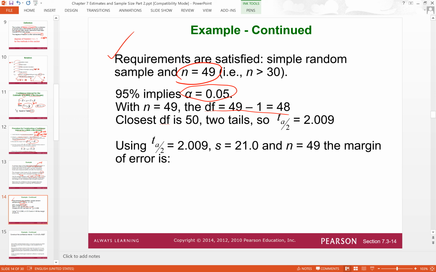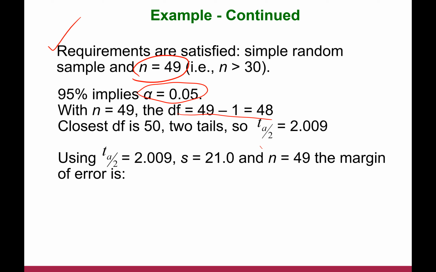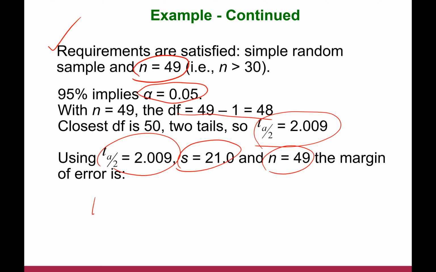And going back, the critical t-score equals 2.009. So we get the critical t-score here. Use the critical t-score, sample standard deviation, and sample size. We can find the margin error first. It equals t alpha over 2 times sample standard deviation over square root of sample size.